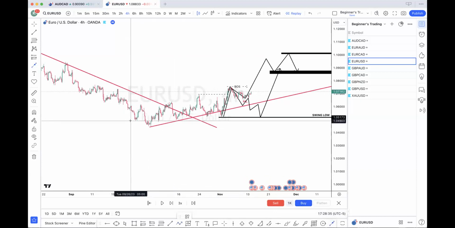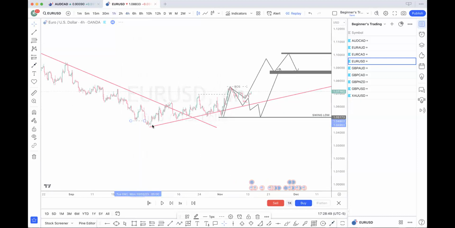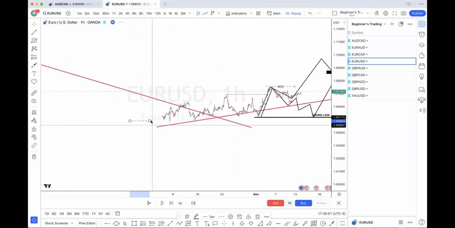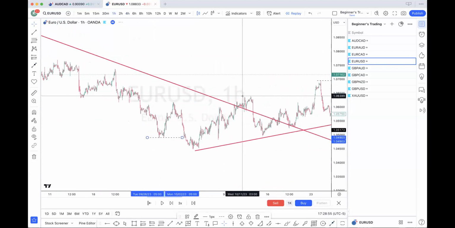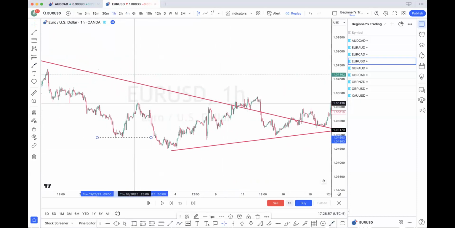This was the break of structure, right? So that made that the swing high. This last move right here was the swing high, not this one. And I'm going to go down in time frame to give you a little more noise. So we had a push down, a pull up, a push down. Let's go to the 15 minute.